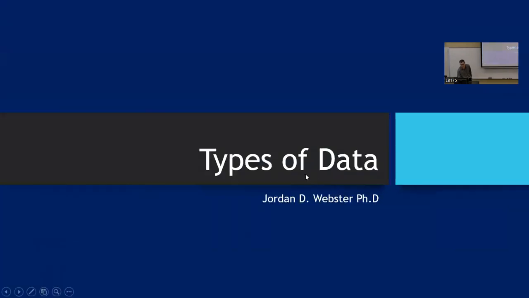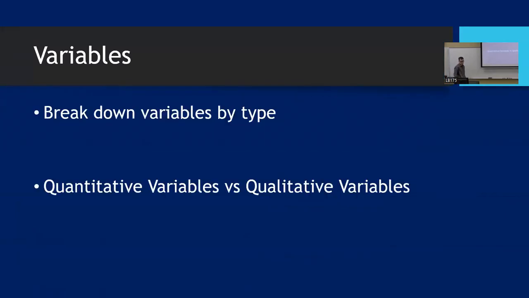Now, when we're dealing with statistics, we're going to be dealing with various types of data. So I'm going to talk about some various types of data that we are going to see statistically. Okay. The first breakdown of different types of data that we're going to see is actually a breakdown of different variables, right?